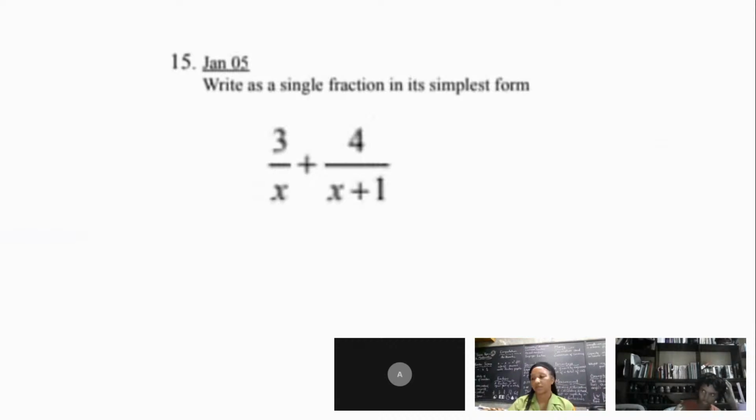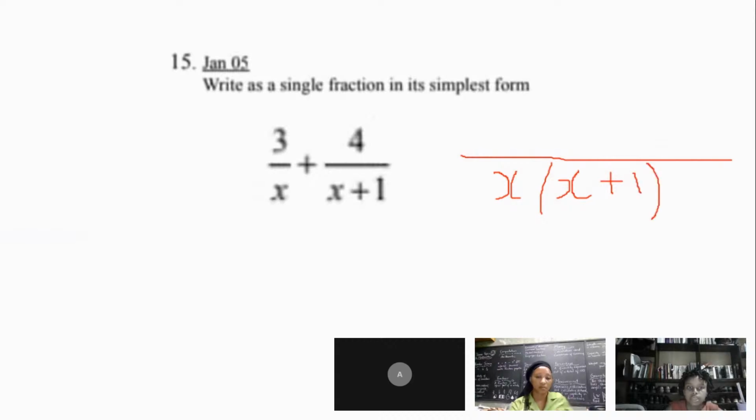Okay, so the LCM would be x and x plus 1, so x bracket x plus 1. And x into x bracket x plus 1 would give x plus 1. So 3 times x plus 1. Hold on, don't expand it yet. Oh, okay. And x plus 1 into x and x plus 1 would leave x, and 4 times x is 4x.